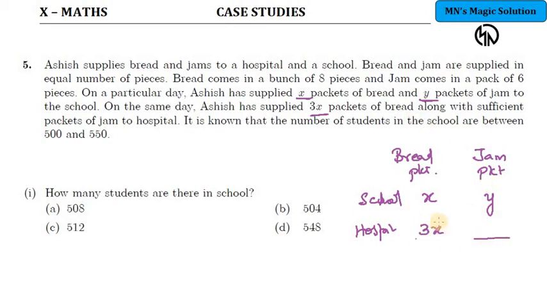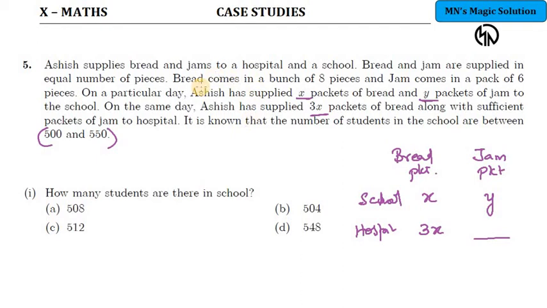That is, whatever number of pieces of bread are in the 3X packets, the same number of pieces of jam must be supplied. So here the question is, how many students are there in the school? The condition given is that the number of students is between 500 and 550.